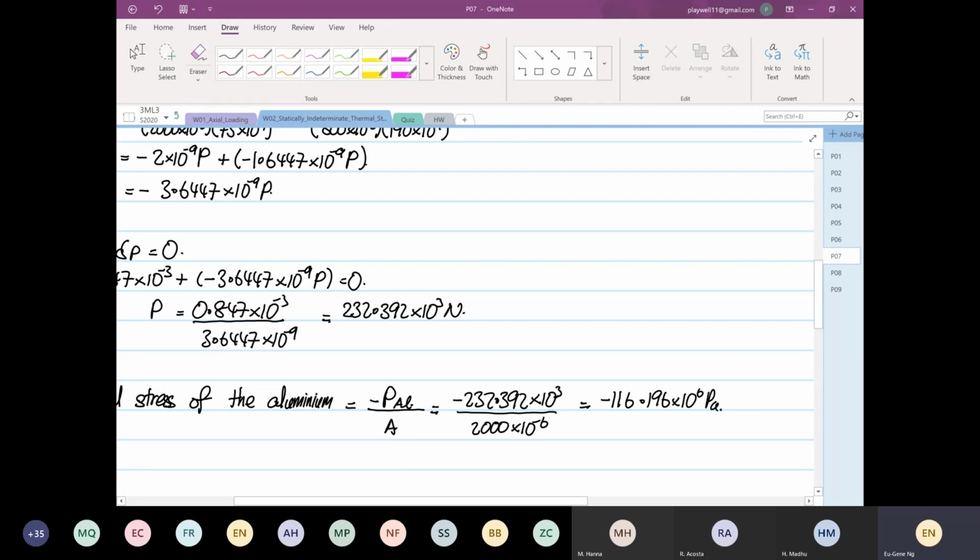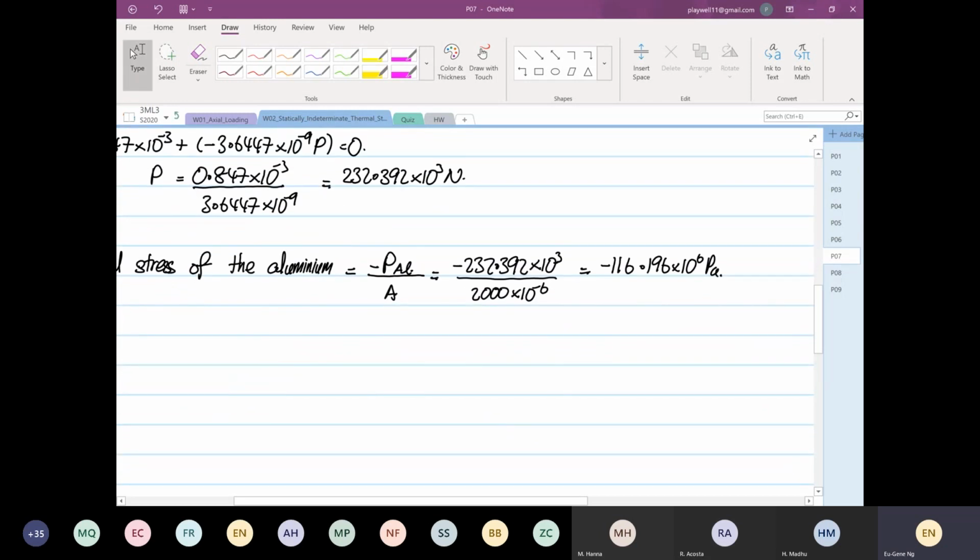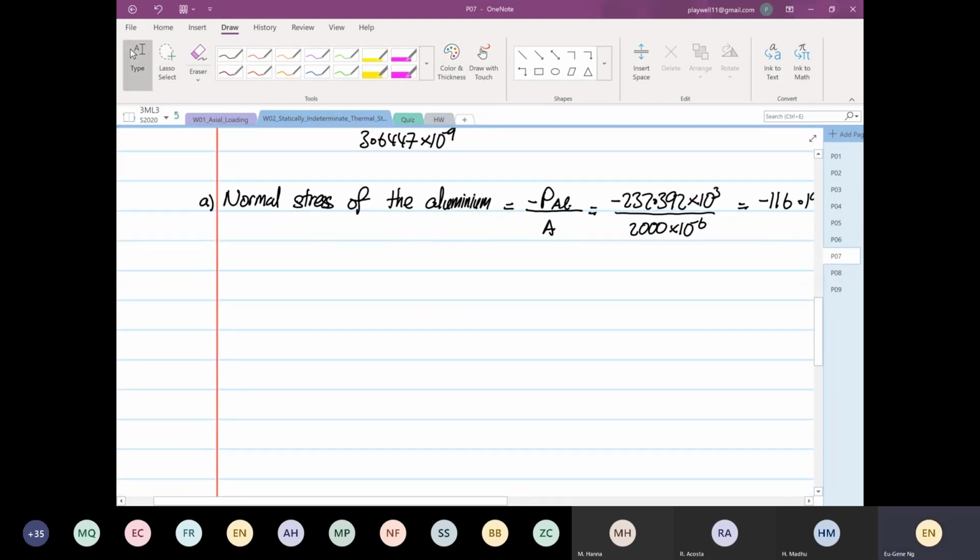Okay, and then the next part of the question, which is calculate the change in length of the aluminum rod. So the change in length will be equal to alpha delta T times L naught, plus P of aluminum, L of aluminum over E of aluminum and A of aluminum.